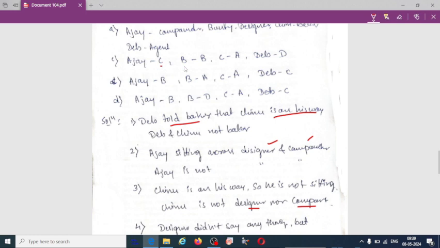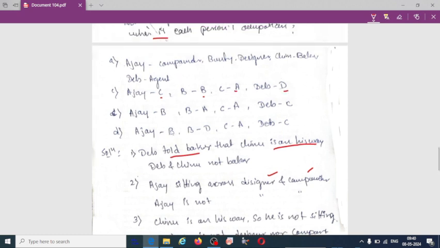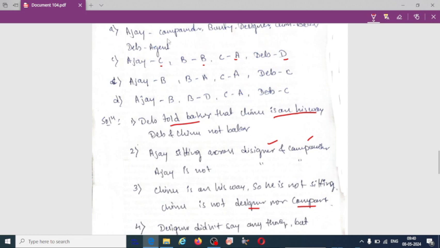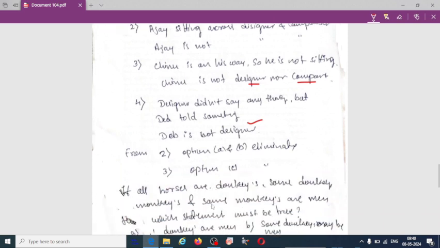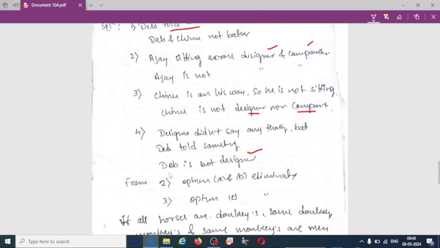I have just written the alphabets here: C for compounder, B for Baker, A for agent, D for designer. So in the first option I have written A, but Ajay is not compounder. You can clearly remove these options. Deb is not designer.